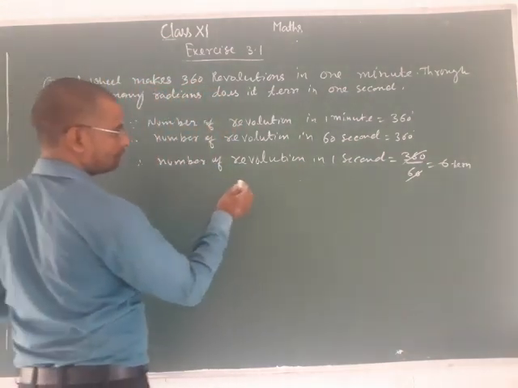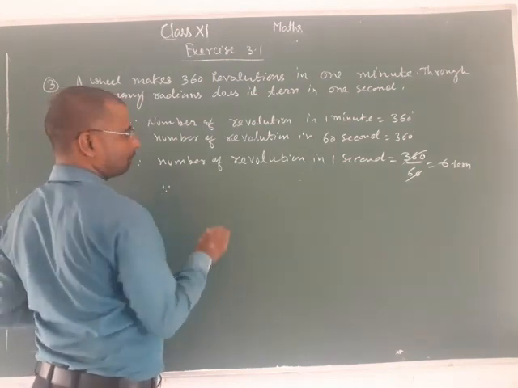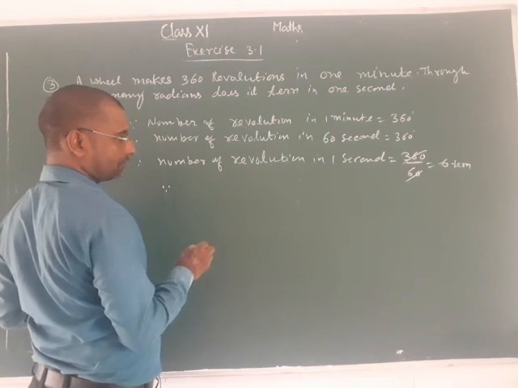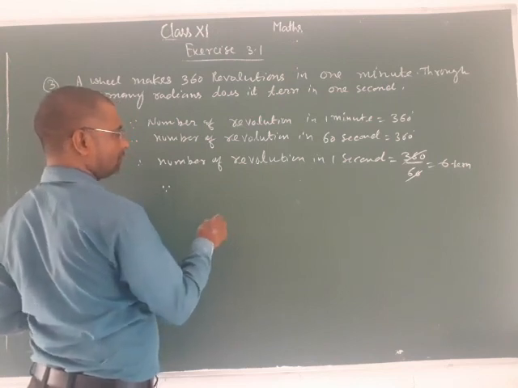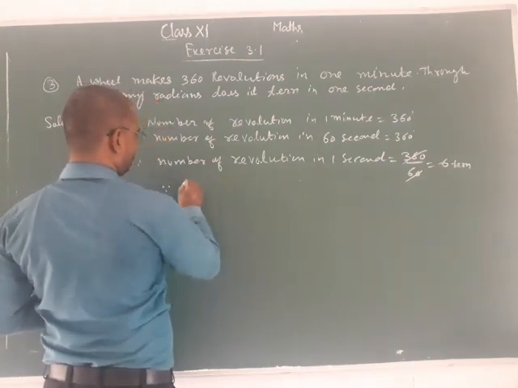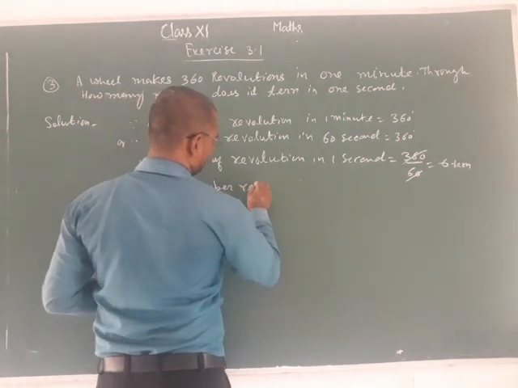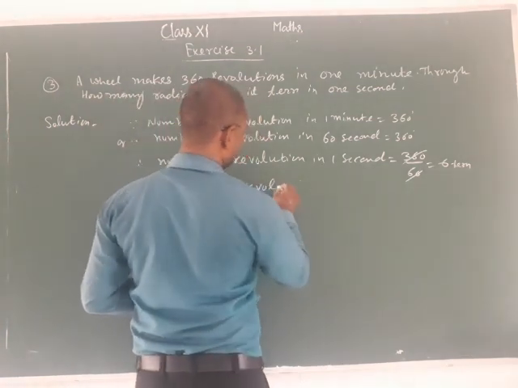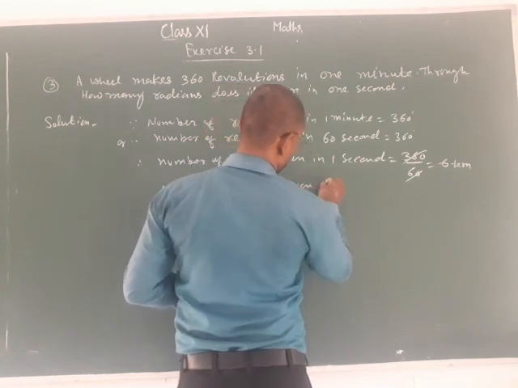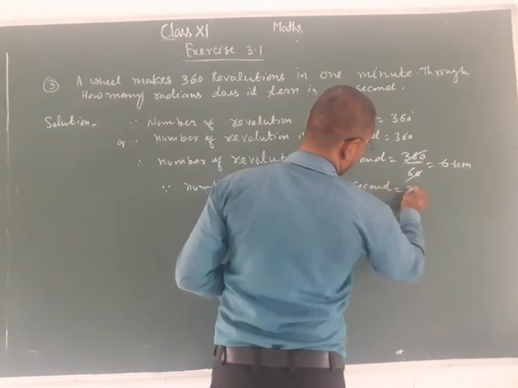Since the number of revolutions in 1 second, in 1 turn, is equal to 2 pi.